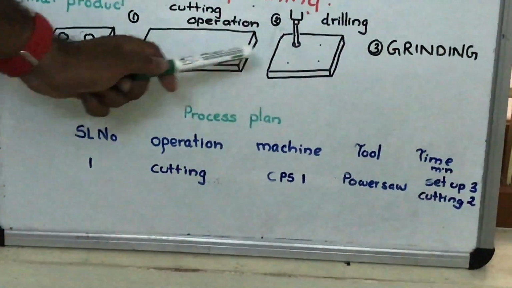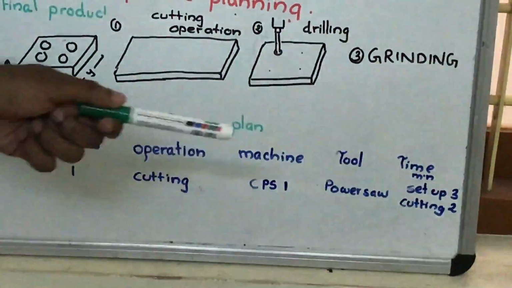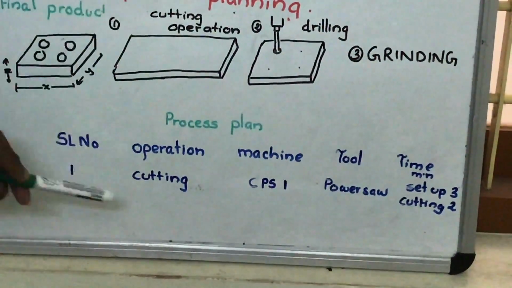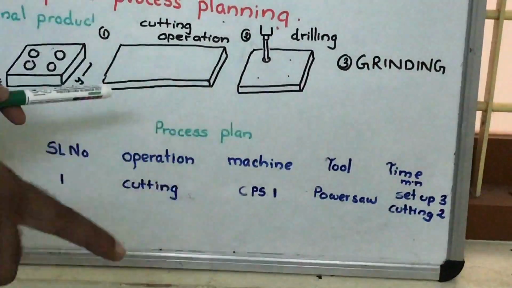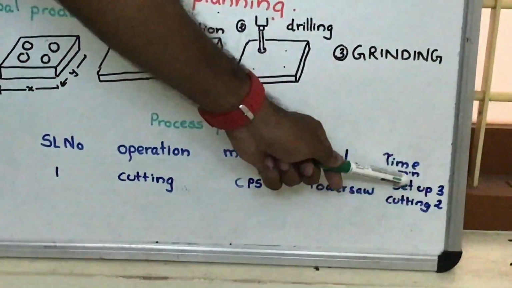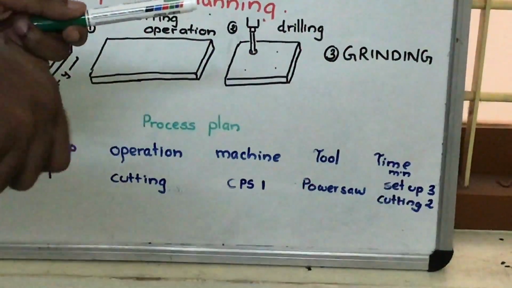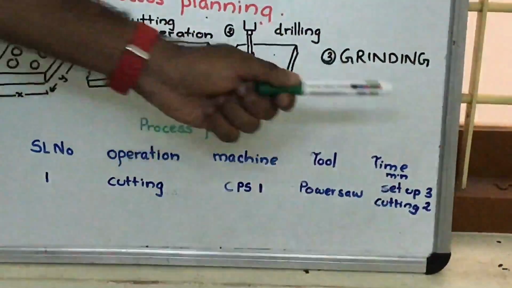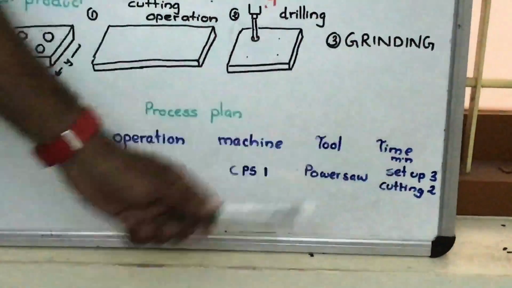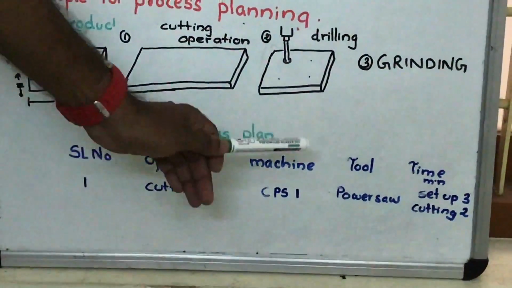We have to use a tool called the power saw for this particular operation. For setting up the component, we need to fix it on a fixture or something, which takes 3 minutes. Then the operation takes only 2 minutes. The total is 5 minutes for the entire operation.